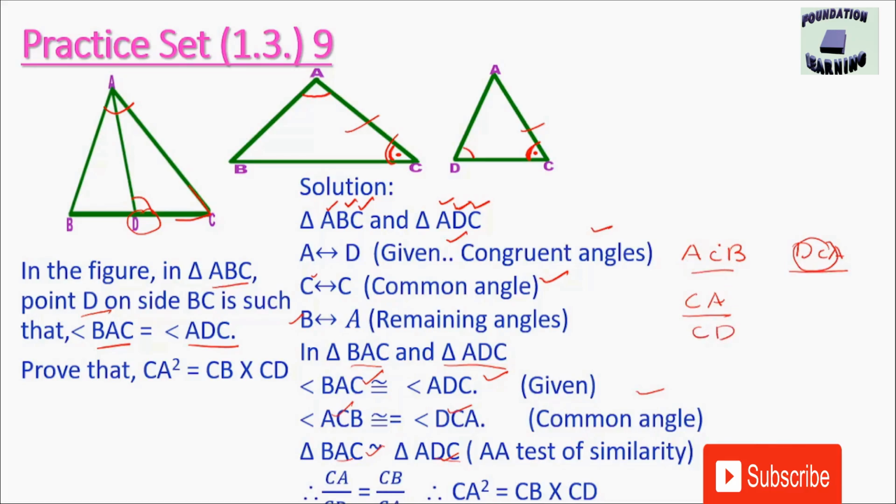Then the first part is over. Then we take the second part, CB over CA. So, we have got CB is to CA. Then when we cross multiply, we get CA squared equal to CB into CD. So, this we have proved.